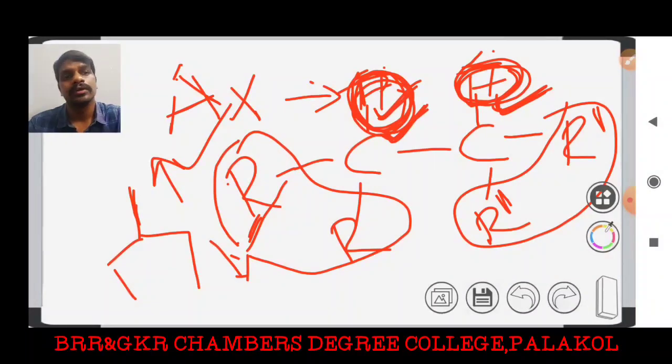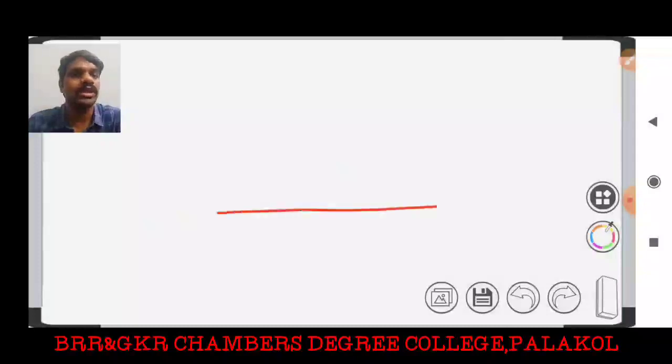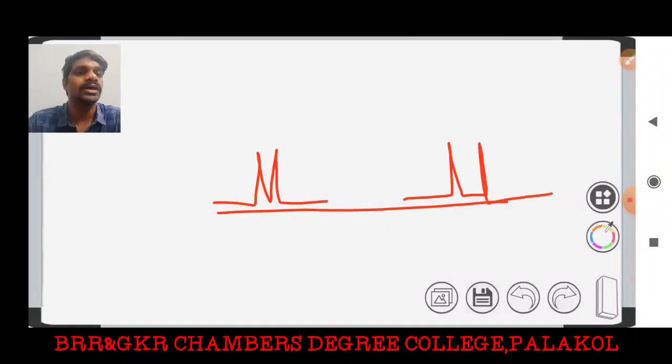Here AX represents interacting nuclei whose chemical shift difference is very high. So this is the splitting of spectral lines. The spectrum is represented like this: here it exists as a doublet and here another doublet. The chemical shift difference between these two signals is very high.